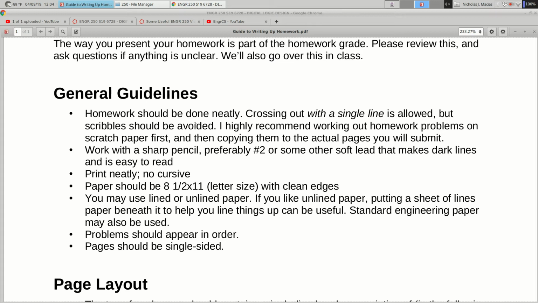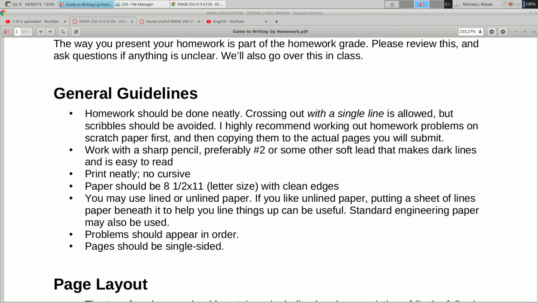Don't do a big blob that goes into your good work and so on and so forth. Ideally, work out your problems on scratch paper or a whiteboard or something, because a lot of these problems, especially as we get later in the course, will take some trial and error.